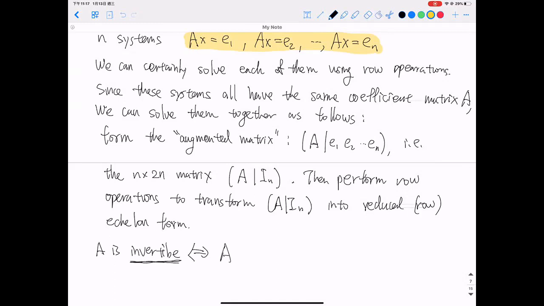And being non-singular means exactly that each system Ax equals b has a unique solution. Well, this is the definition of being non-singular anyway.